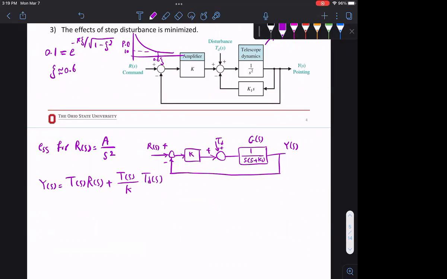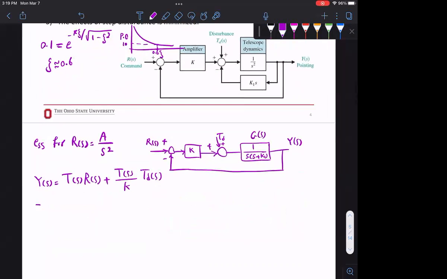So T of S here is K G of S over 1 plus K G of S. If you solve it, this will appear as T D of S. Now, this is not a new term, but if you're following your book, you'll see that your book is considering the loop gain in your transfer function.